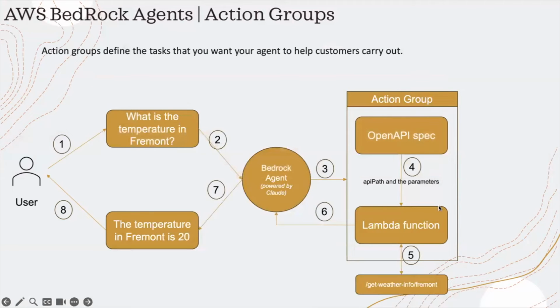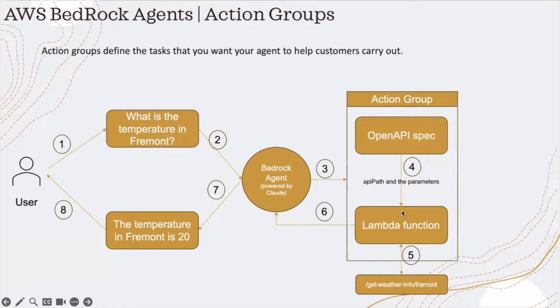The other component is a Lambda function, right? Why is a Lambda function required? Because once the Bedrock agent semantically matches the prompt, goes through the action group to identify which Open API or which API parameters to call, that information is then passed to a Lambda function.